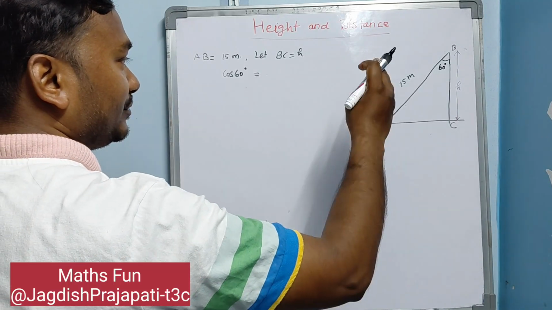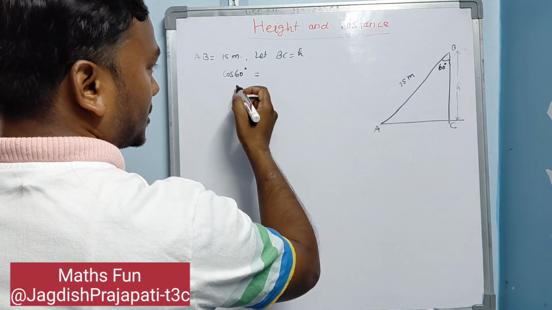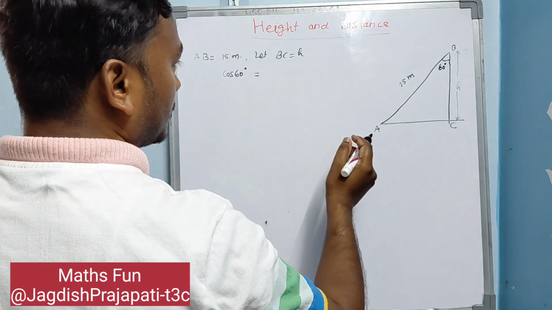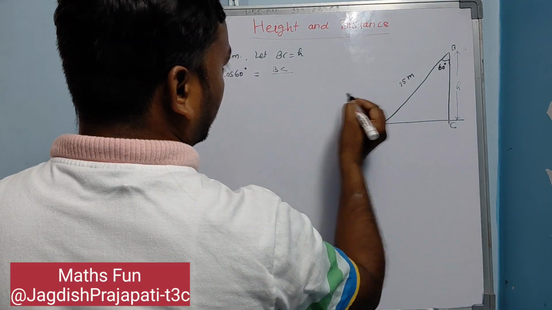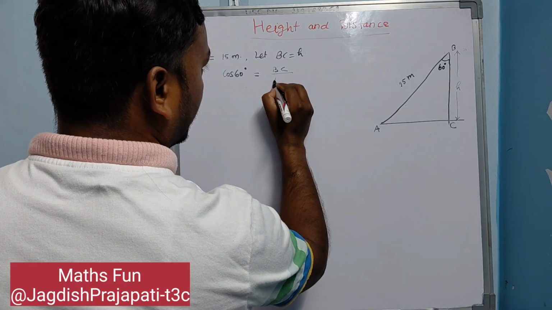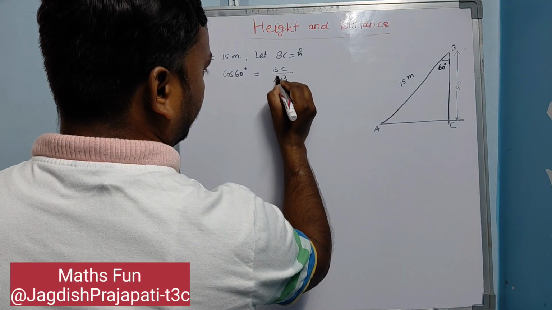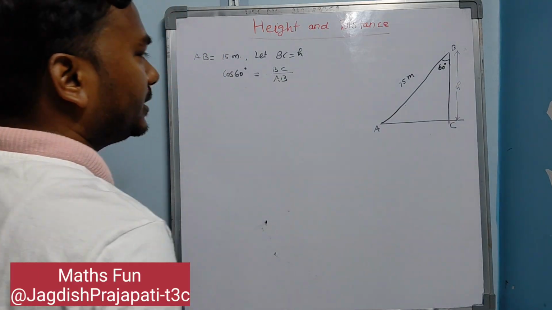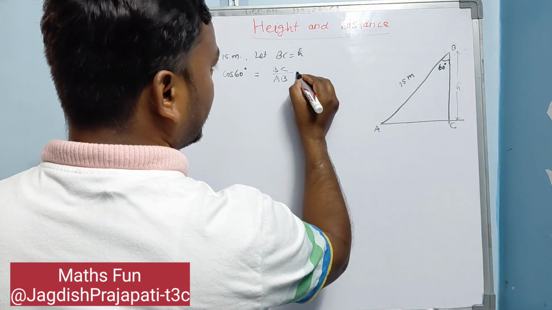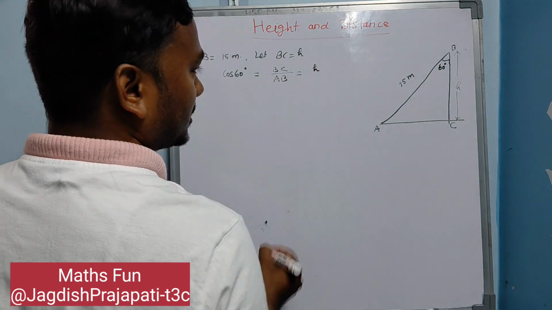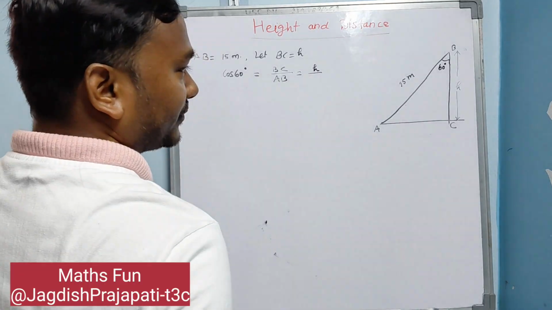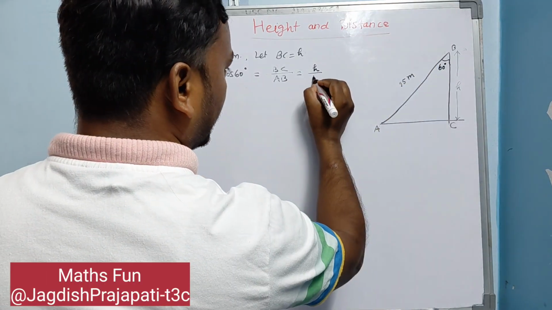In triangle ABC, cos 60 equal to BC by AB. BC is not given, we have supposed it as h, and AB is 15 meter.